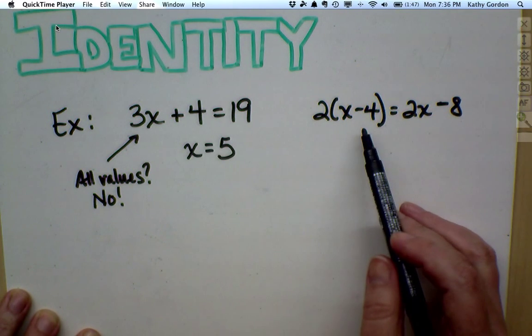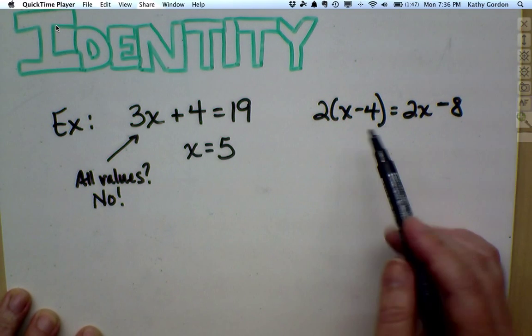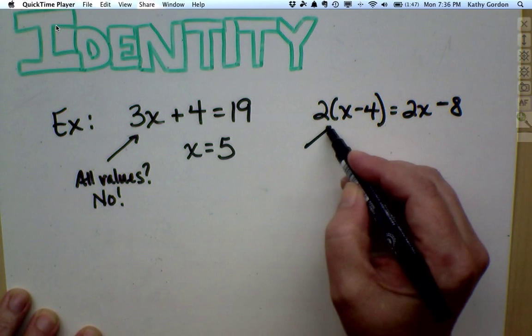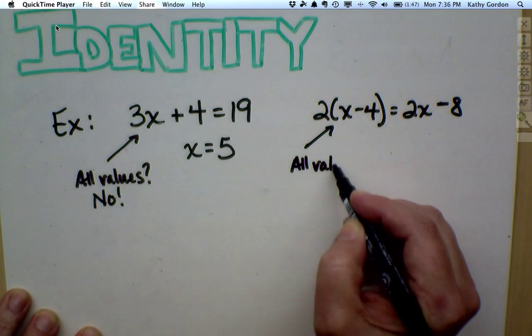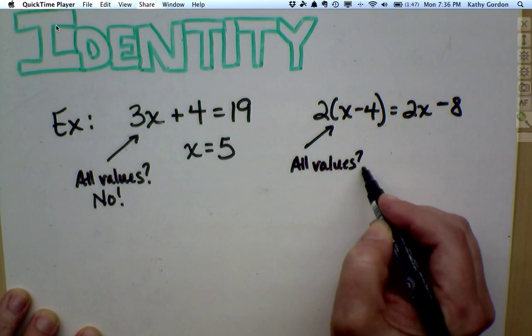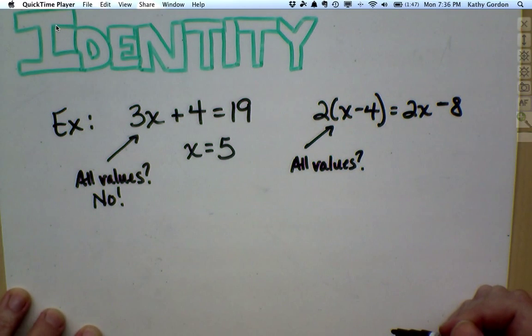But now let's go over to this one. What happens if I put any and all values in for x in this statement? Can you find values of x that make the statement true?